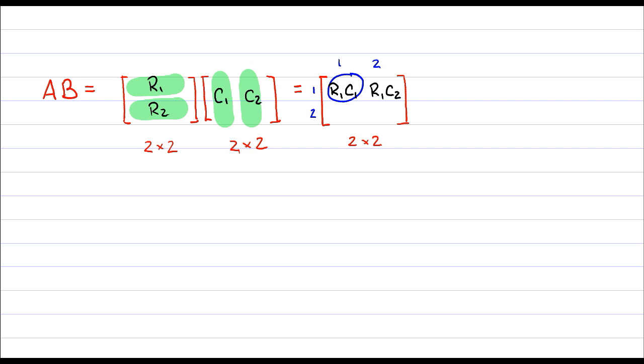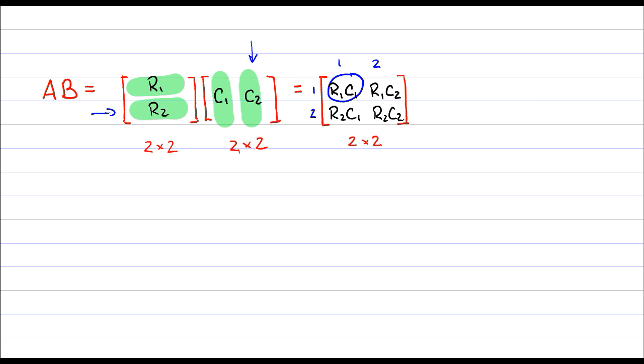To calculate the first entry in the second row, I need to use the second row of A and the first column of B. So when I multiply this, I'm going to get row 2, column 1. And then finally, to get the last entry, I need to multiply row 2 and column 2. And so that's how I'd calculate the product of two 2 by 2 matrices.